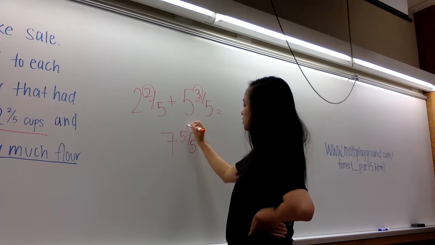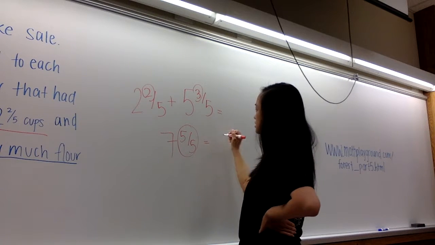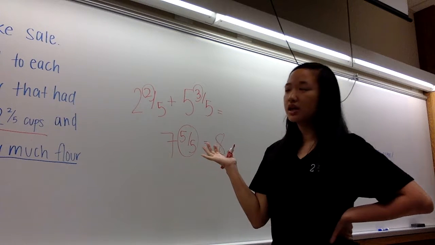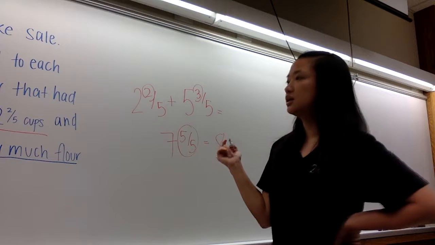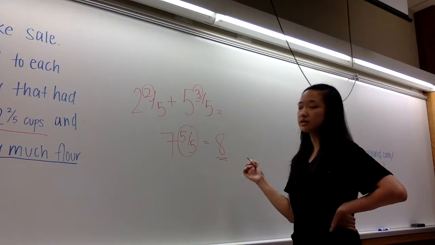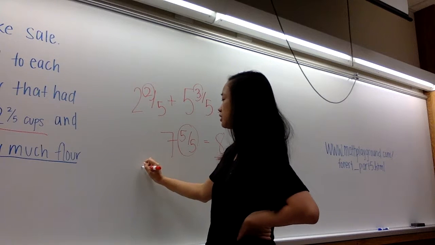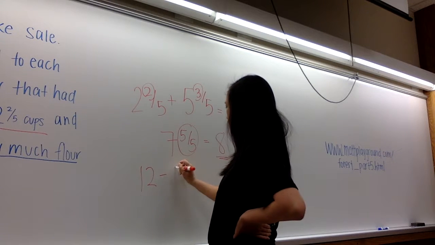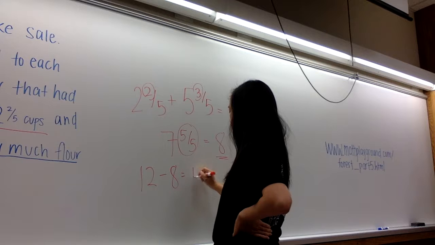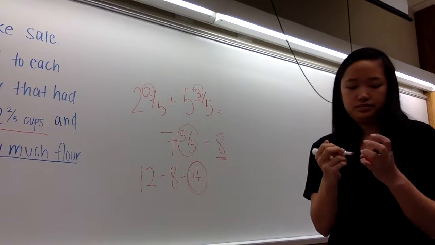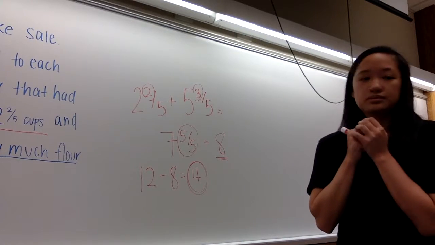Since 5/5 is equal to 1, this turns into 8. So we get a whole number. But we're not done yet because we need to subtract and figure out how many cups of flour is left. So we take the total cups that we have, 12, subtract 8, and we get 4. And that is our final answer. So 4 cups would be how much flour was left over.